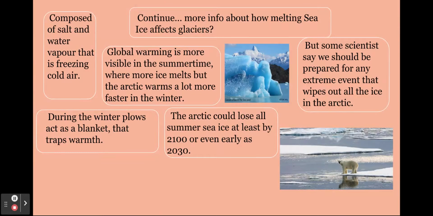During the winter, clouds act as a blanket that traps warmth. Global warming is more visible in the summertime, where more ice melts, but the Arctic warms a lot faster in the winter. The Arctic could lose all summer sea ice by 2100 or even as early as 2030.